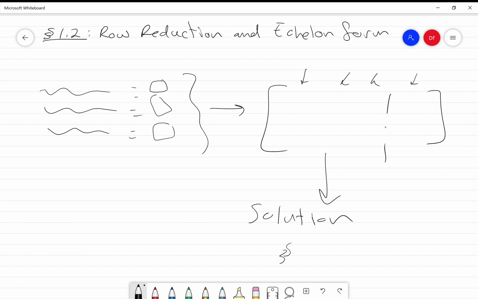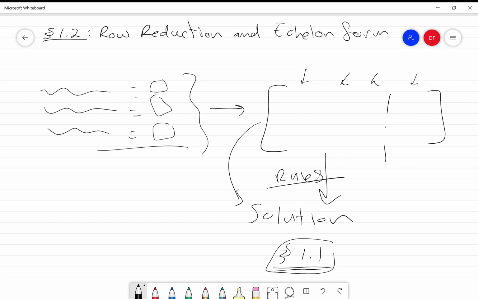In section 1.1, we did a few examples, but I didn't give you the rules which show you for every system how to take the matrix and find the solutions.